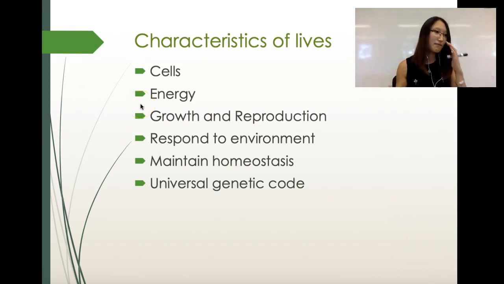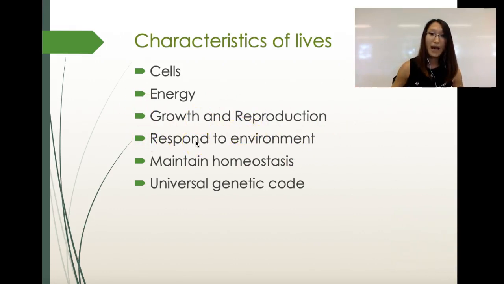If you look at, I don't know, a plant at your house. The plants are made out of cells. They're absorbing energy from sunlight, right? They grow. Plants obviously grow bigger. They can reproduce. Plants can have seeds and get new plants. They can respond to the environment.